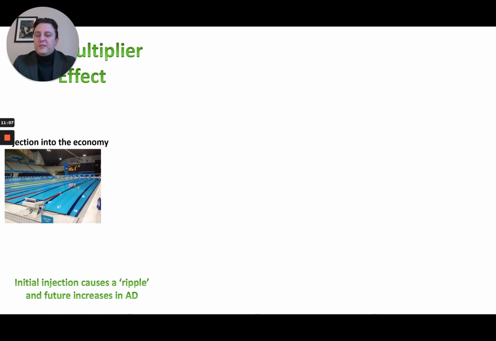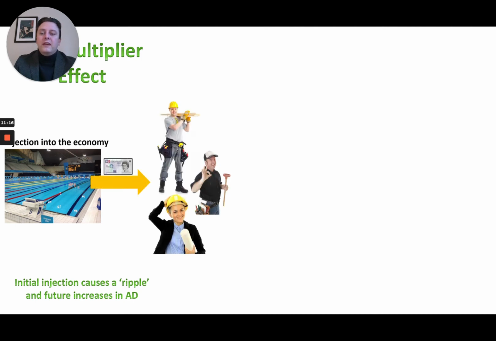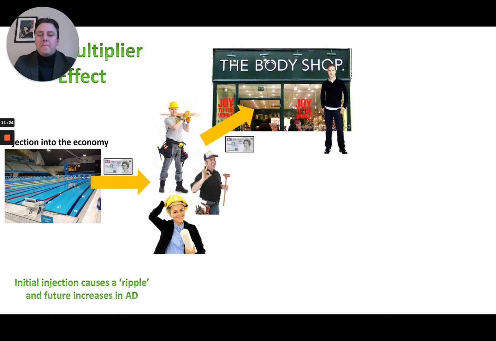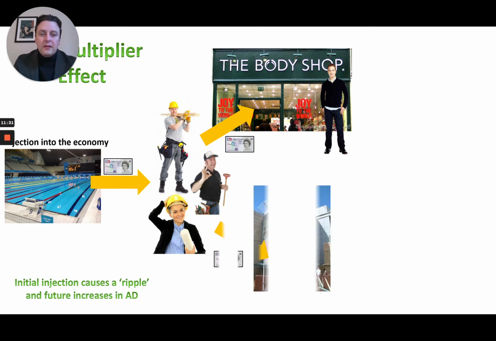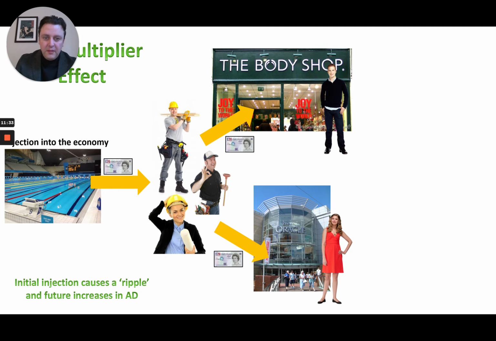So with this example, you inject money into buying a swimming pool and constructing a swimming pool. Okay, so all the builders and people who work in the swimming pool, they have the money. They will then go out and spend it on retail. They may go to the mall, they may go to restaurants, they may go to cafes, etc.